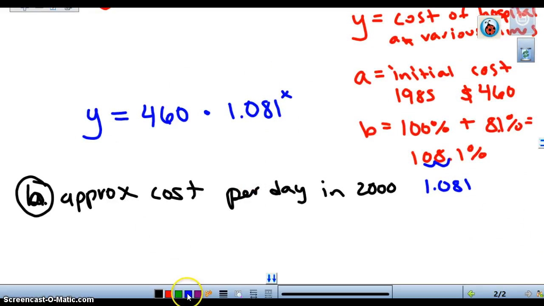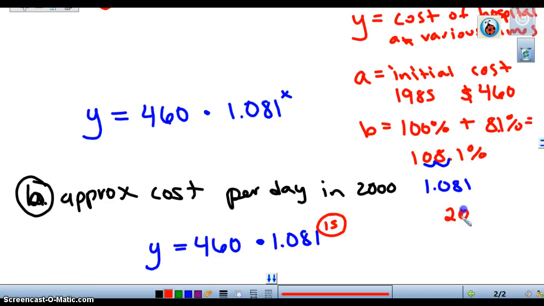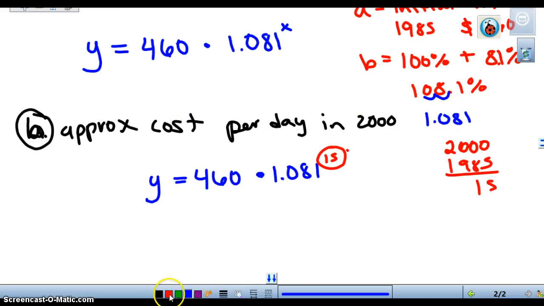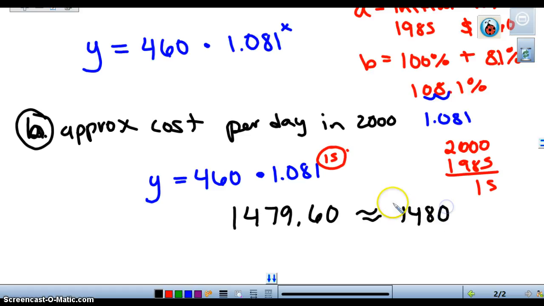So what's changing in the equation we already have? The exponent. The exponent in this case is going to be what? 15. 15 years from 1985 to 2000. So once we calculate this, I got 1,479 with 60 cents, and we can even round this to $1,480 per day.